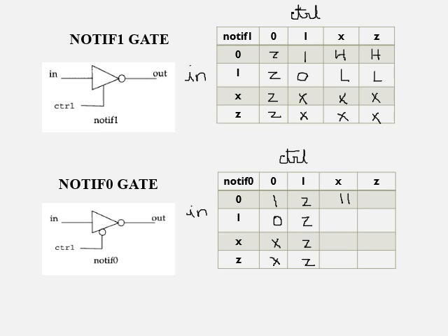Here the output will be weak high and weak low, because the complement of 0 is 1, but it will not be strong because the control signal is unknown. So it will be a weak high, and 1 is inverted as 0, so it will be a weak low, and the remaining signals are X. So this is the truth table of the notif1 and the notif0 gate.